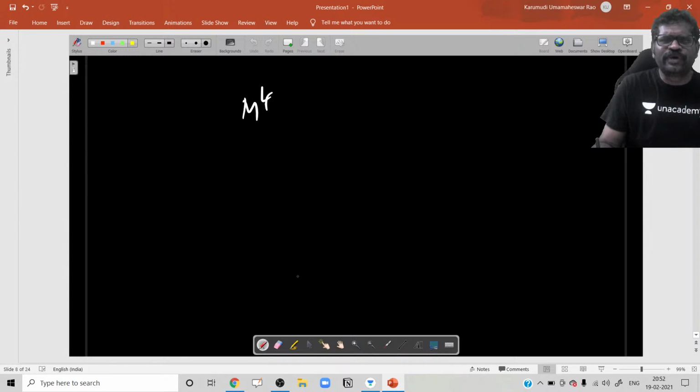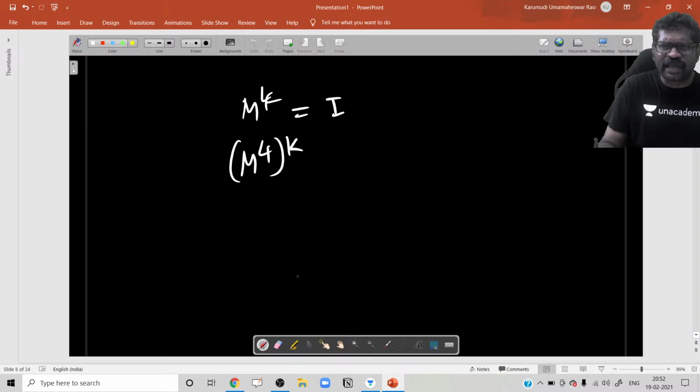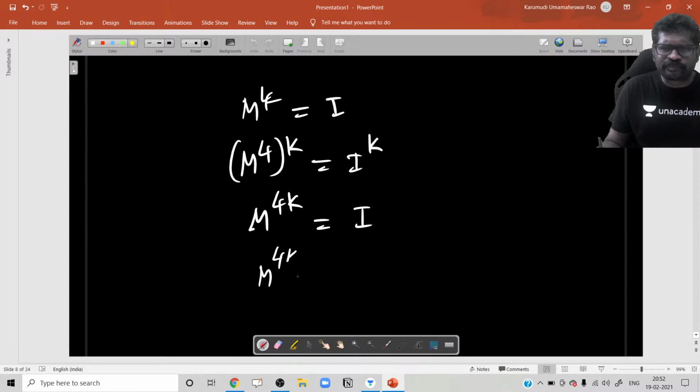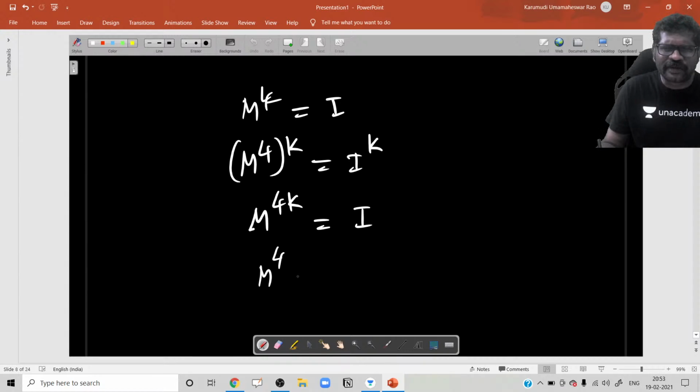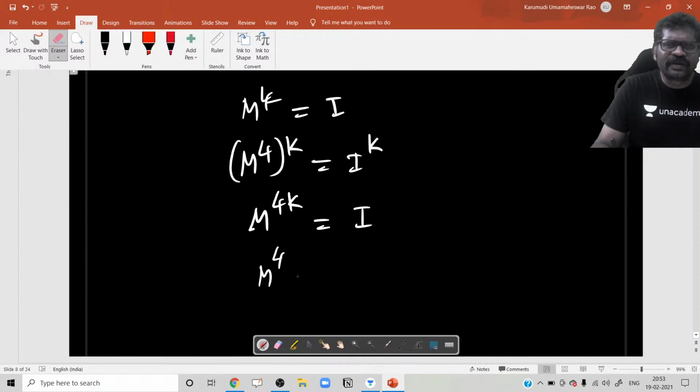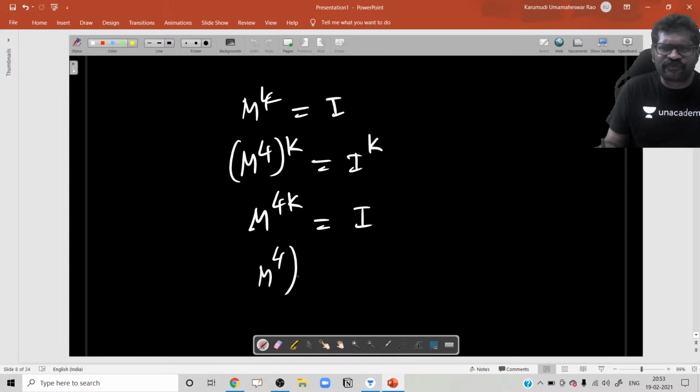Now, since M power 4 is I, take power k on both sides: M power 4 whole power k equal to I power k, so M power 4k equal to I. M power 4 whole power k plus 1 is equal to I power k plus 1, that is also I.